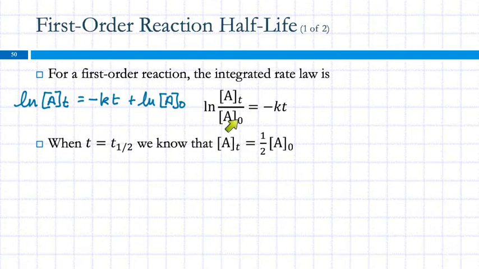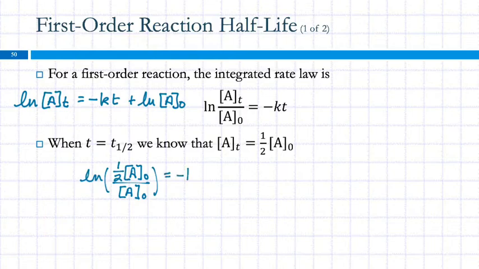In this form, though, we can calculate the half-life in terms of the rate constant. Because at t equals t1/2, we know that the concentration is half the original concentration. So we can plug that into this equation. Up at the top, instead of At, we have 1/2 of A0 divided by A0.